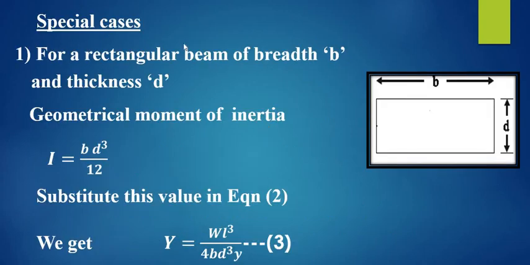Special cases. Suppose we take a rectangular beam of breadth B and thickness D. Look here, this is the cross-section view of the rectangular beam. Therefore, for this dimension, the geometrical moment of inertia I equals B D cubed divided by 12.